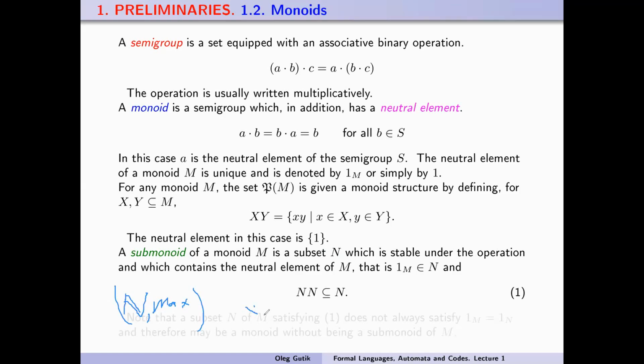For any x, y from N, we have x multiply y is equal to the maximum of x and y. The first exercise for you will be to show that this operation is associative. It's a very, very trivial exercise, and I propose that you solve it.